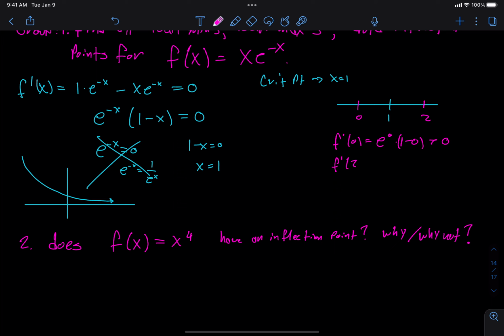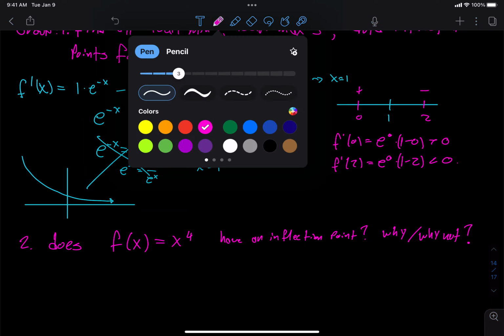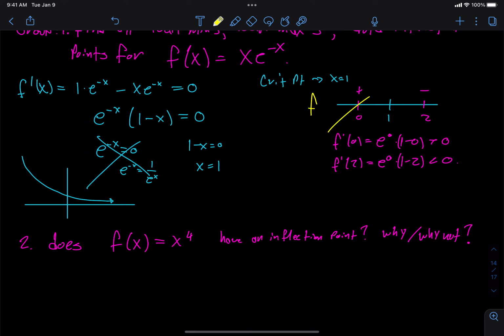F prime of 2 would be e to the 0 times 1 minus 2, which is a negative number. So we go positive and negative, so our function f is increasing and then decreasing.